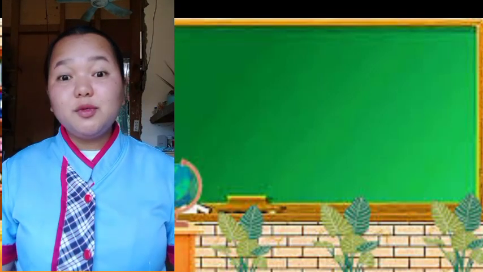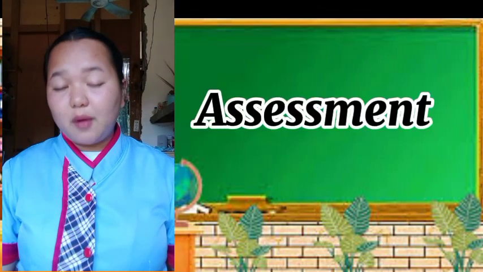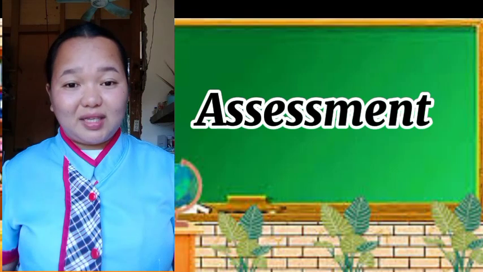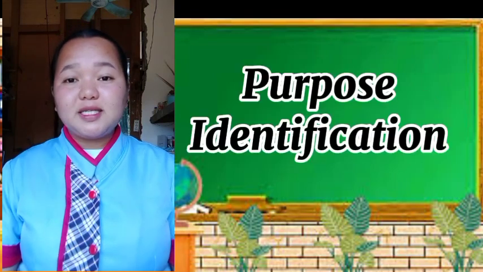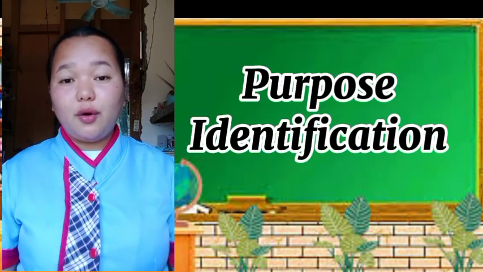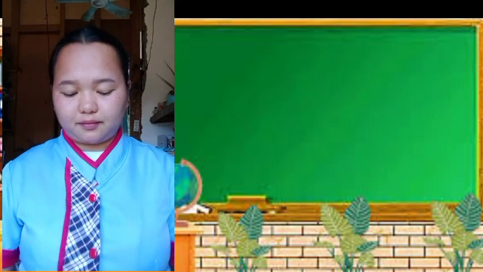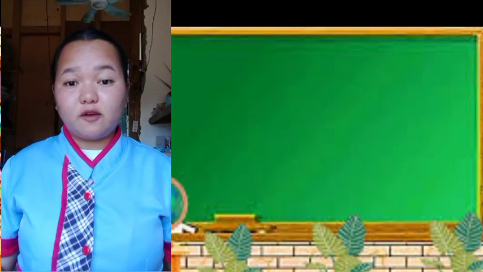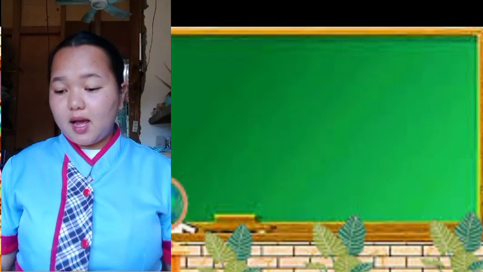So now let's move on with our assessment. I will give you 10 minutes to do this activity, entitled Purpose Identification. Here are the instructions. The students will read a poem and determine the author's purpose in writing by citing lines and evidence from the text to support their claim. I will give you a piece of paper with the text.